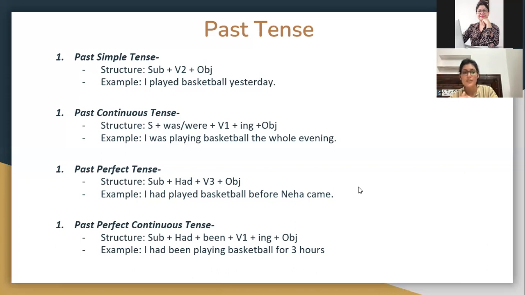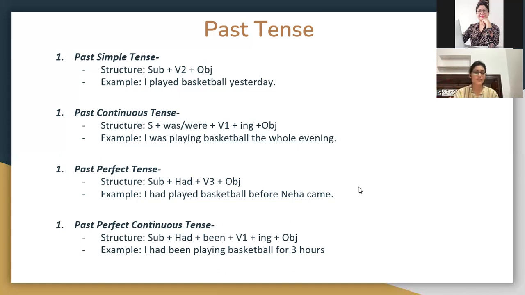So we use past perfect tense. And when any work is included within the 24 hours, we do not use past tense, we use present tense.